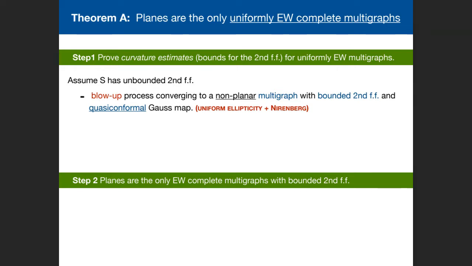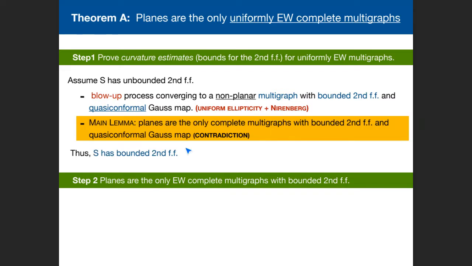So after this blow-up process, this rescaling process, we have a limit surface. But now we remember our main lemma: a complete multigraph with bounded second fundamental form and quasi-conformal Gauss map has to be a plane. And this is a contradiction because our limit surface was not a plane. So this is how, in a very sketchy way, we prove that our surface has bounded second fundamental form, bounded principal curvatures.